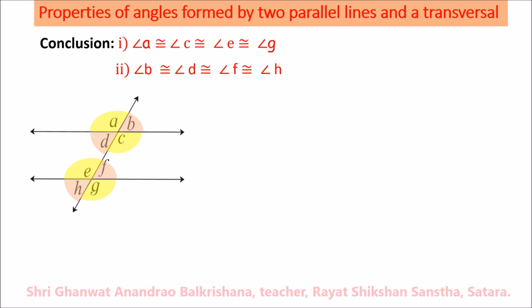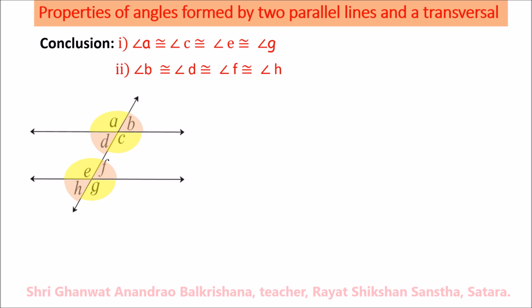We know that angle A and angle E are corresponding angles. Angle A and angle E are a pair of corresponding angles. Angle D and angle H are also a pair of corresponding angles. Angle B and F are a pair of corresponding angles.